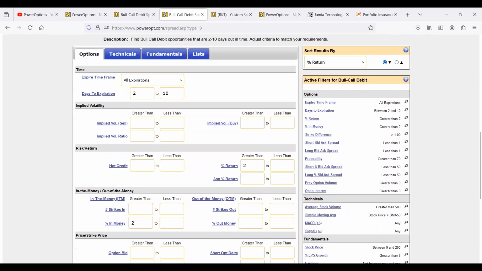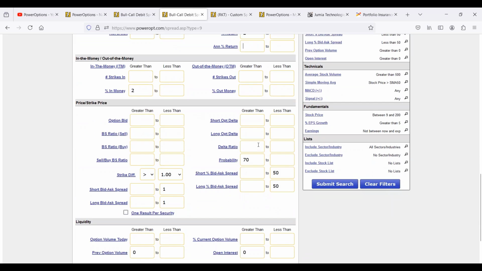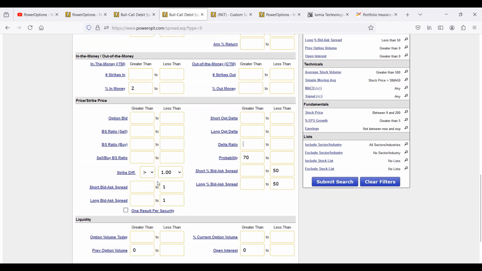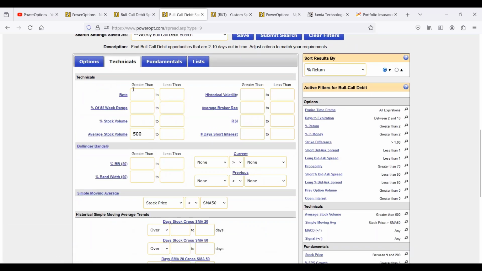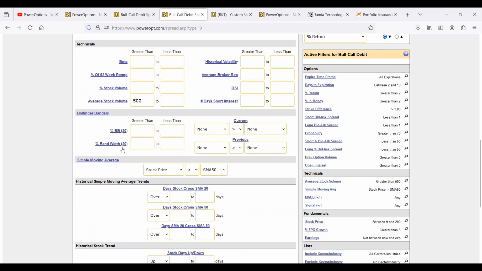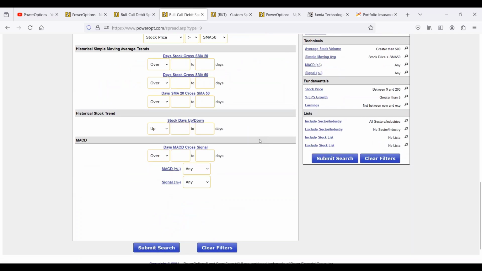Although we have our defaults, you can customize it any way you want to, looking for implied volatilities, maximum net debit, return, range in or out of the money, deltas, delta ratio of the two options, bid-ask spread, stock technicals, beta, percent of 52-week range, RSI, Bollinger Band ranges, stock above the 20, 50, 100-day, or 50-day above the 100, 20 above the 100, days the stock's been above SMA 20, SMA 50, number of days stock's down.